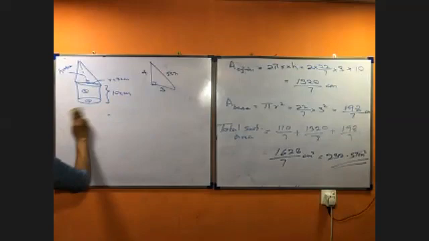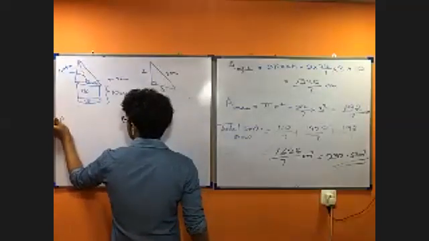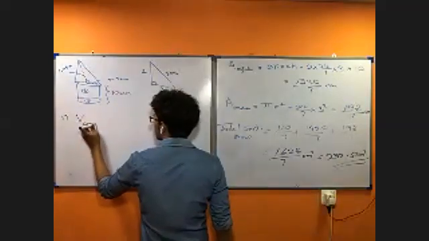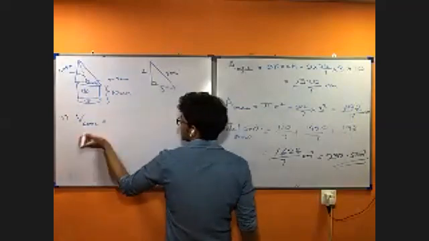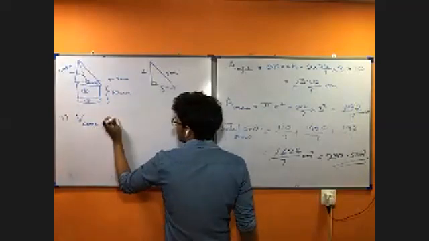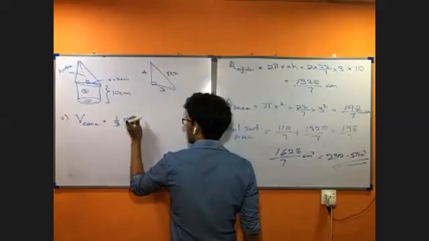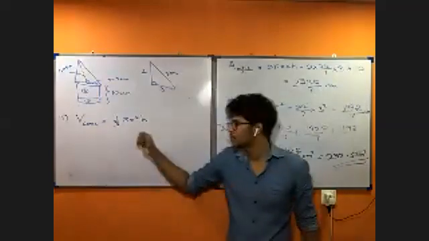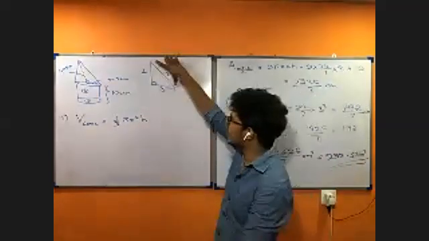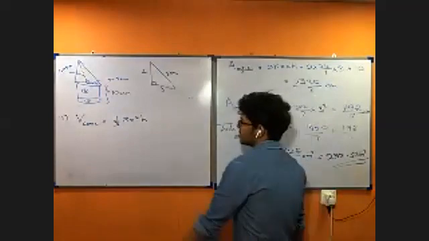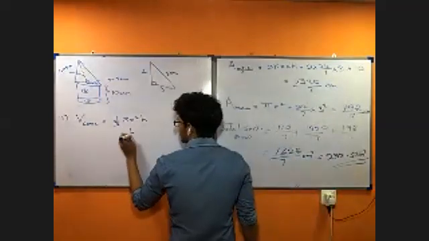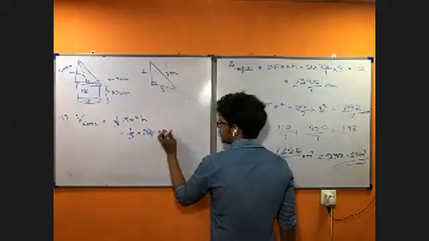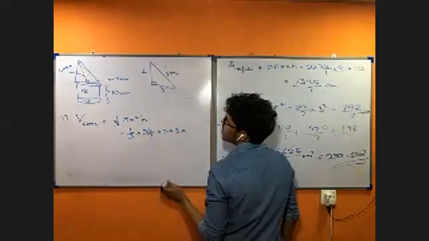So volume is the second part, right? Yeah, the second one, volume. So the volume of the cone is going to be what? 1/3 pi r squared h. Previously I had L, 1/3 pi r L, but here it is h. So it is not the slant height, it is the height of the cone. So it is going to be 1/3 into 22/7 into r squared, which is 3 into 3, into the height. The height is given as 4.